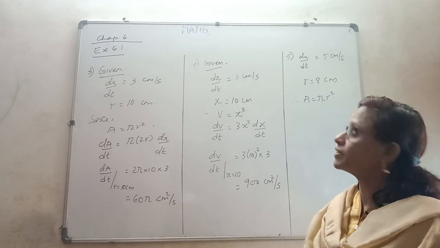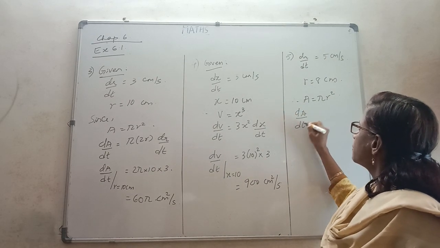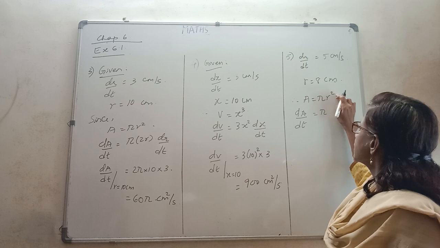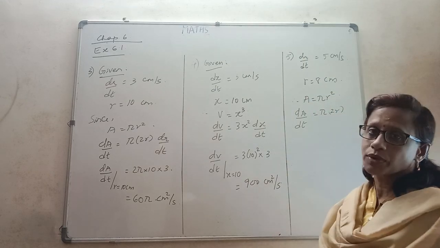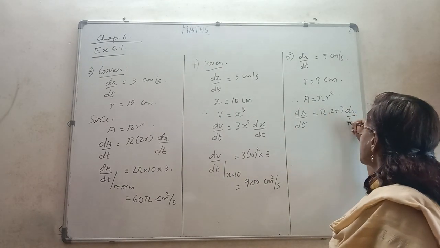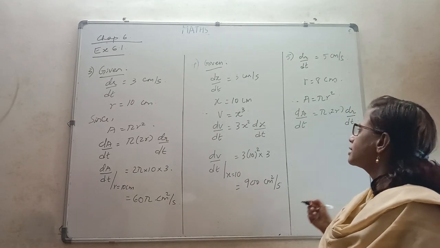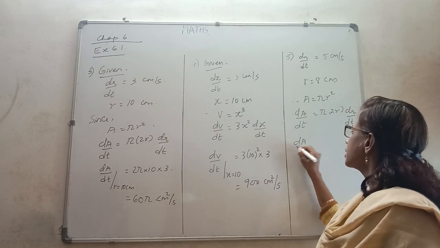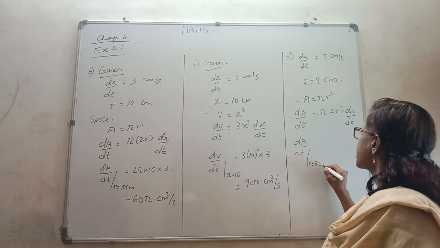Rate of change of area, it's very clear. So taking derivative with respect to t on both sides, pi is a constant. The derivative of r squared with respect to r is 2r, but then you have to account for dr by dt because the derivative is with respect to t. Okay, that's it. Now they ask us to find this rate of change of area at the time when the radius is 8 centimeter.